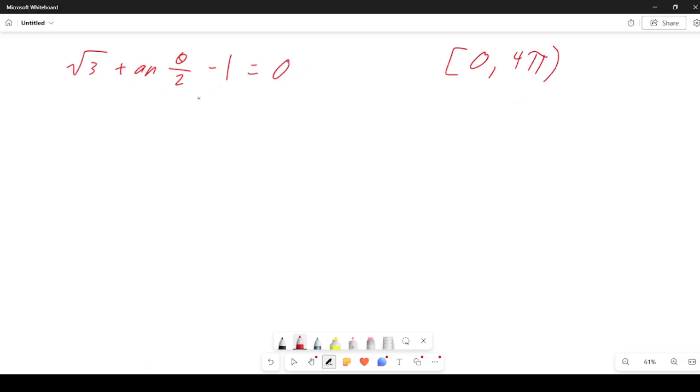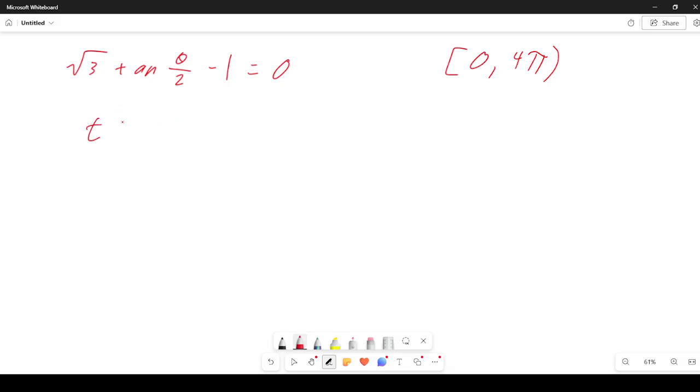We got theta over 2, we're going slower. So I think I'm going to get 2 solutions again, because in 0 to 2 pi I'd expect 2. So I'm going half the speed, I expect half as many solutions, but I also have twice as big a window. So I think it'll work out the same way.